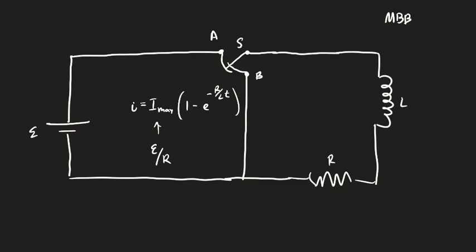So for this switch, when we throw the switch, right now the current would be passing this way through the switch, and the amount of current would be E over R, or we can just write I max.